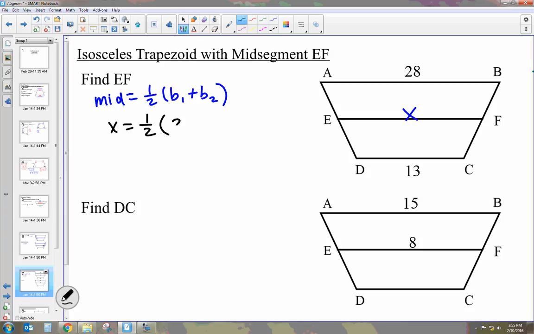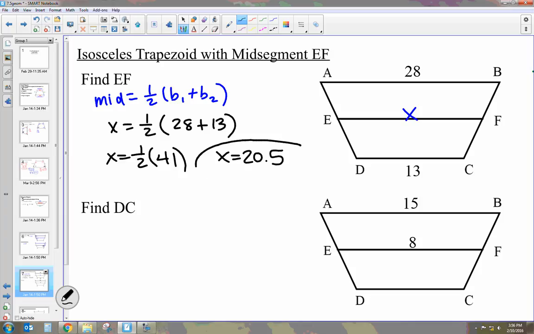Base 1 is 28, base 2 is 13. So we can combine 28 and 13, which is 41. And then we take half of that, which is 20.5. So we found our midsegment.